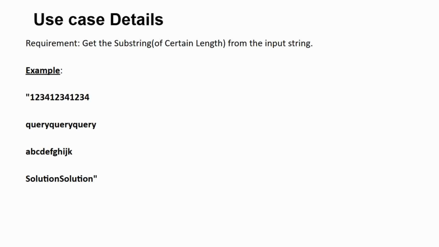That means I'm using a substring, correct? So how do we use the inbuilt functions or a formula to get the substring out of the input string? We have seen two use cases. Now let's understand how to build the recipe in Workato.